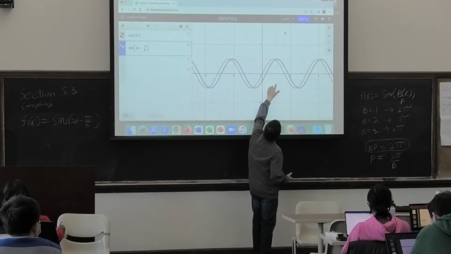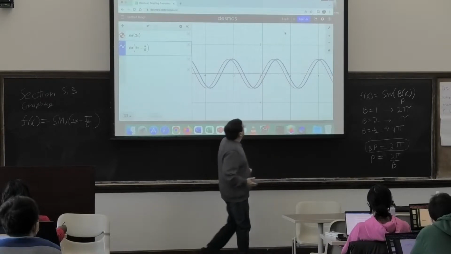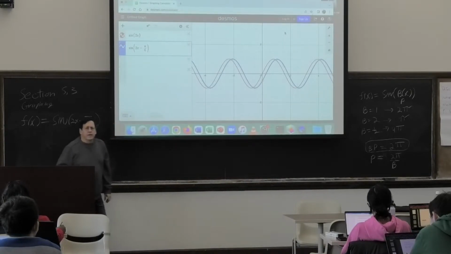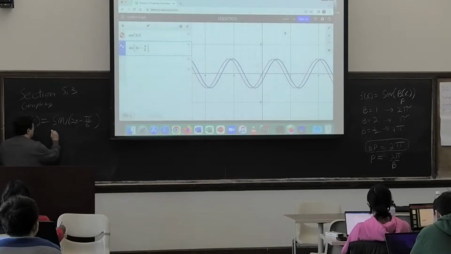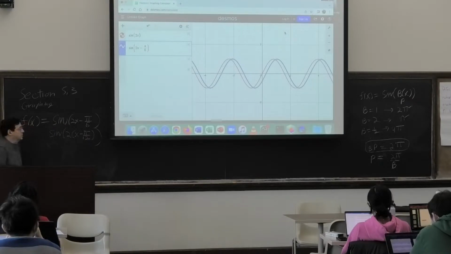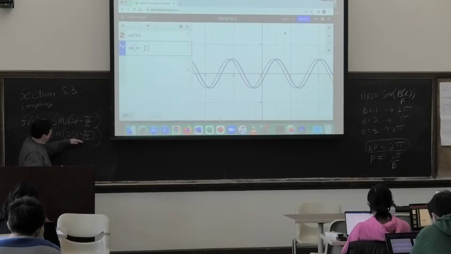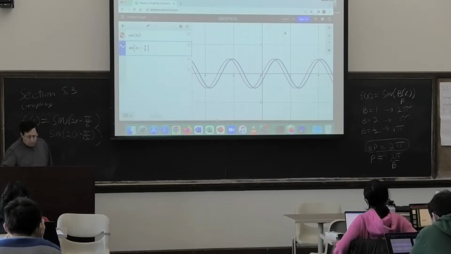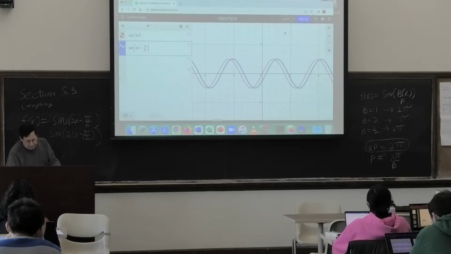Oh, wait. This is a half, this is a quarter. Why is that not right? Because really what we have is sine of 2 times x minus pi over 12. So now, in this form, we can read off this offset, which is pi over 12 or 15 degrees. So that's the one kind of error that students are inclined to make with this kind of question.